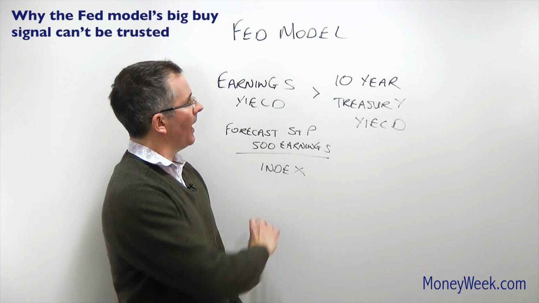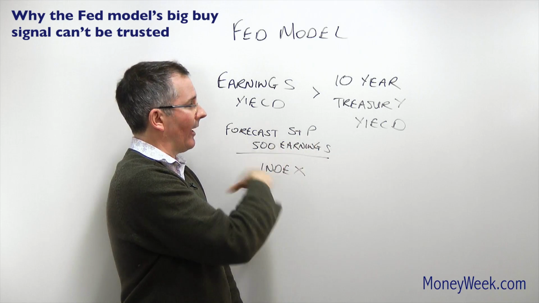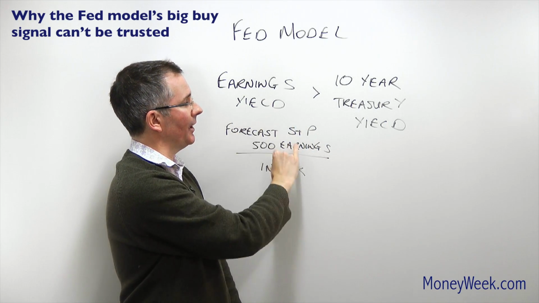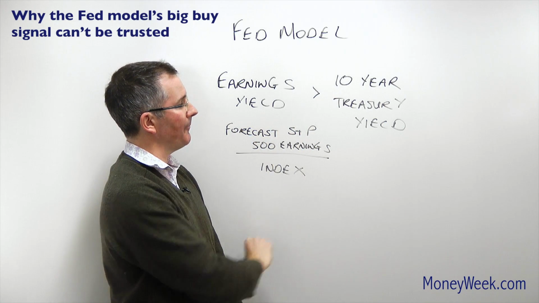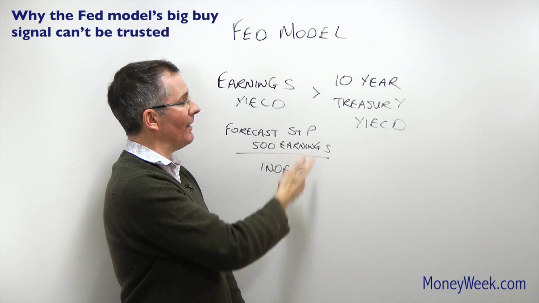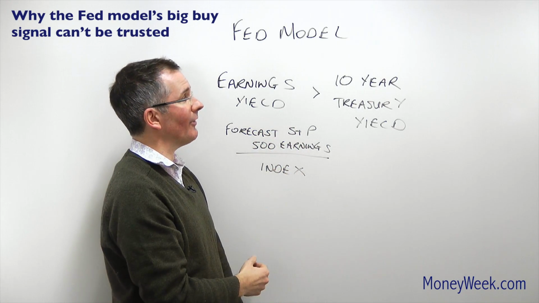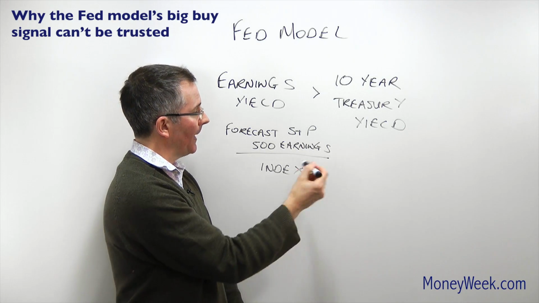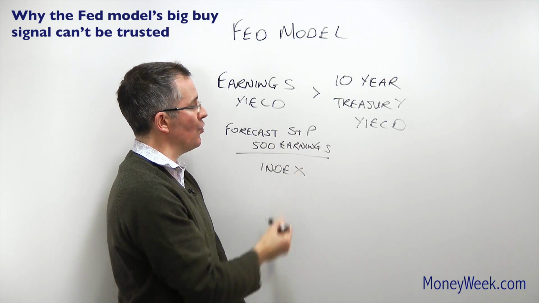Now, first of all, earnings yields, what's that saying about stock prices in general? Well, if you think about it, forecast S&P 500 earnings for 1 year, okay, over the index as a percentage, that'll give you a figure like, for argument's sake, sort of 7%. And can you see that in essence, okay, this is made up of two numbers.